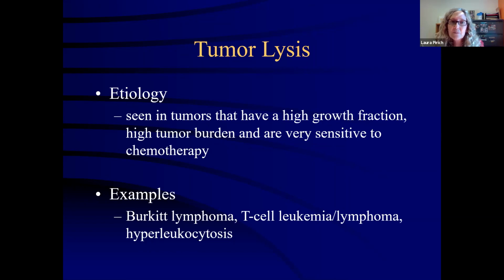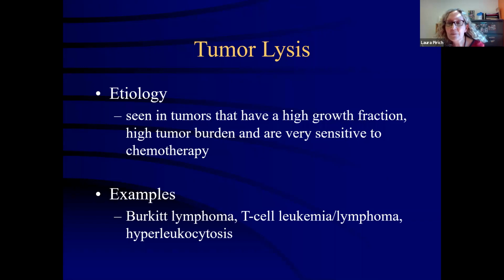We also see tumor lysis in patients who have a high tumor burden, so patients who have lots of disease in their marrow, as well as a mediastinal mass and maybe hepatosplenomegaly or lymphadenopathy. That tumor burden is a risk factor for having tumor lysis. Being very sensitive to chemotherapy is a good thing to be.